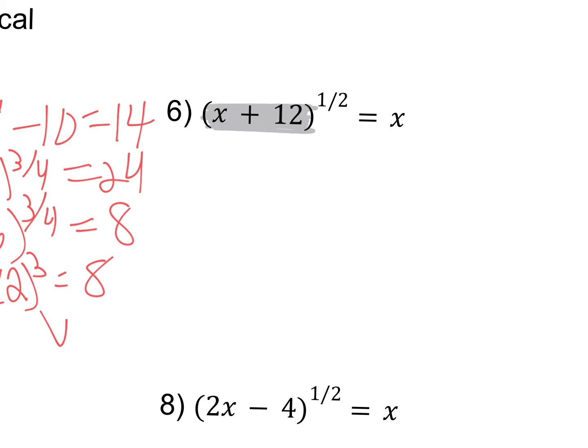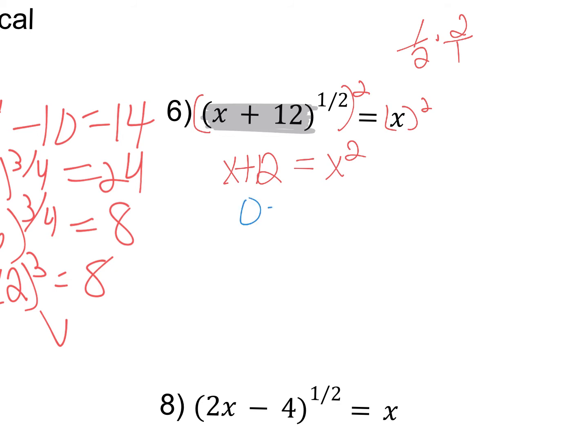But we can get rid of that 1/2 power by squaring both sides, because the reciprocal of 1/2 is 2 over 1, or just 2, which leaves us on this side with x plus 12 equals, and if we square the x, we get x squared. Then we subtract x and subtract 12 from both sides to get 0, because we have a quadratic, a squared function, which means we need to set it equal to 0. We get x squared minus x minus 12.